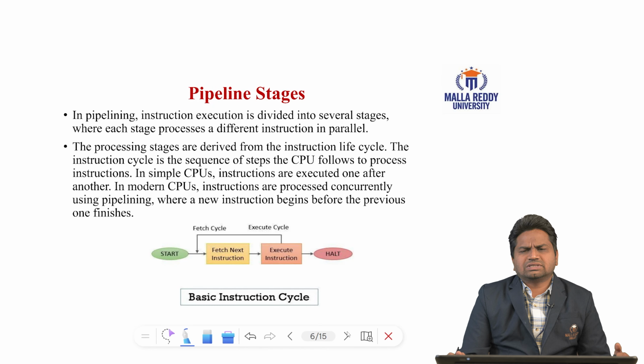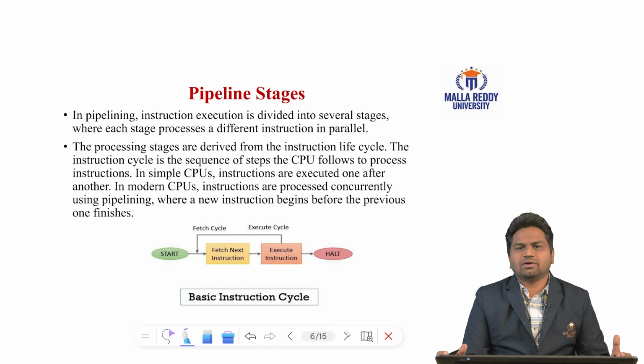If you see a pipelining structure, it is derived from the instruction life cycle. The instruction parallelism is derived from this instruction life cycle only. So what does it contain? In the initial level, we fetch the instruction.